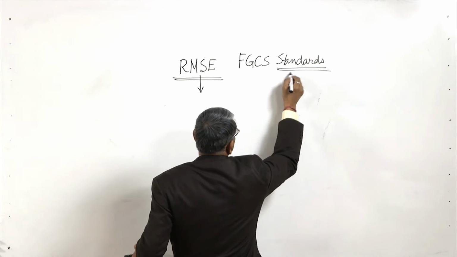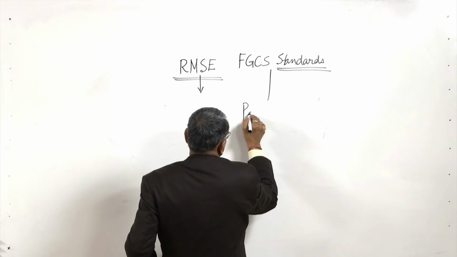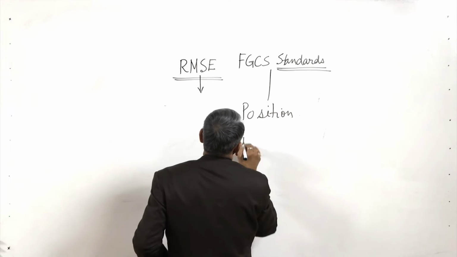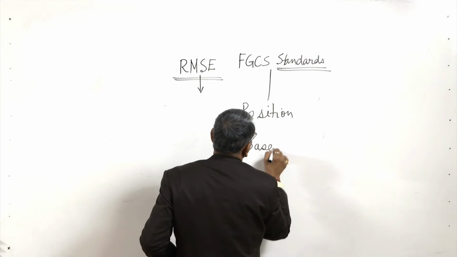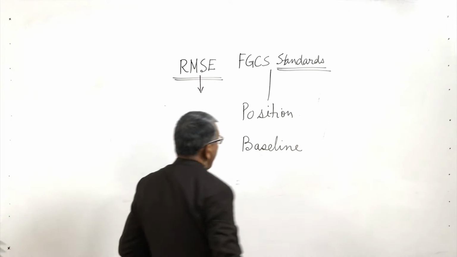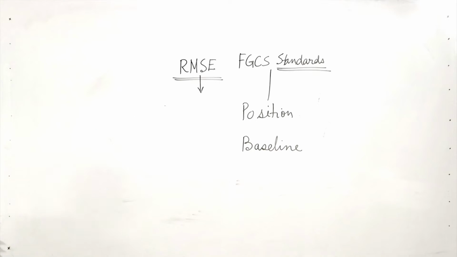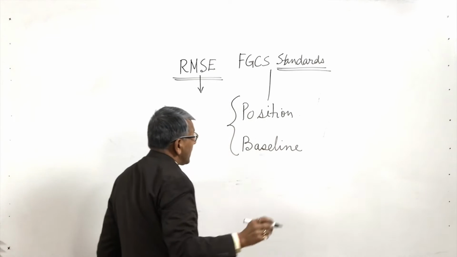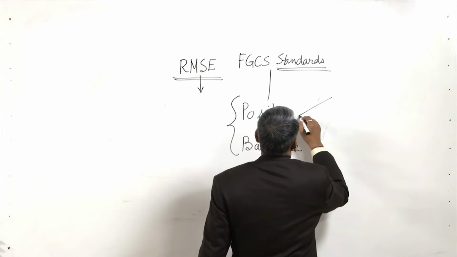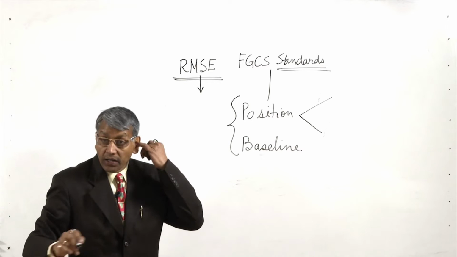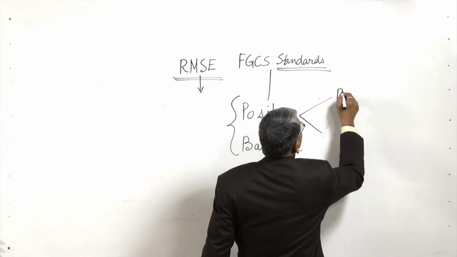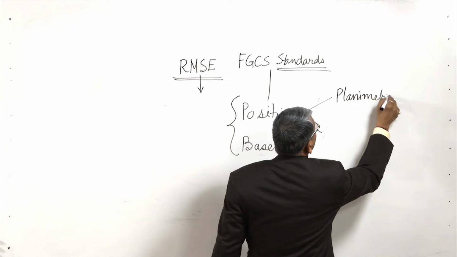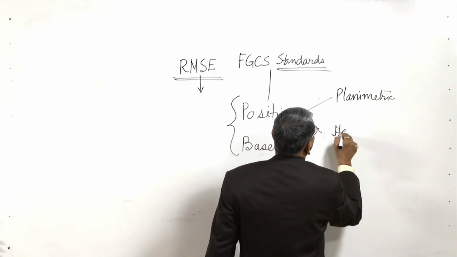FGCS standards for position and baseline. Now, this is defined by root mean square error, and the position, actually there are two types of position. One is called planimetric position, and another is height.